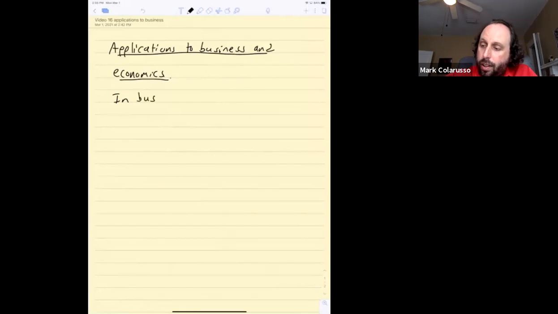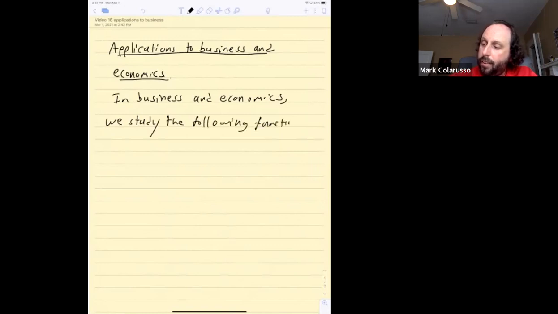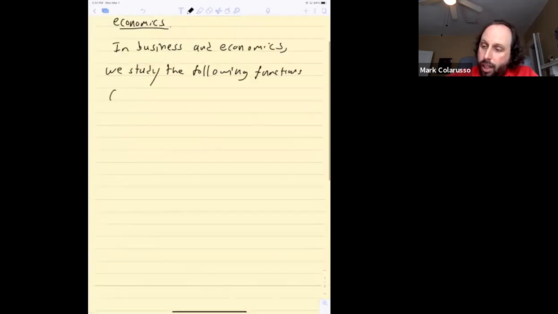Okay, so in business and economics, we study the following functions. C of X is the cost function.